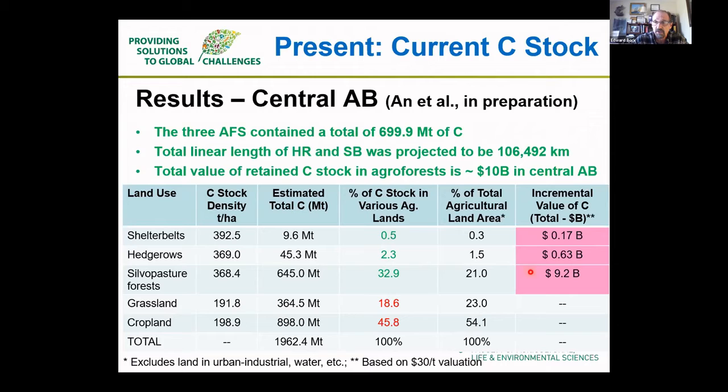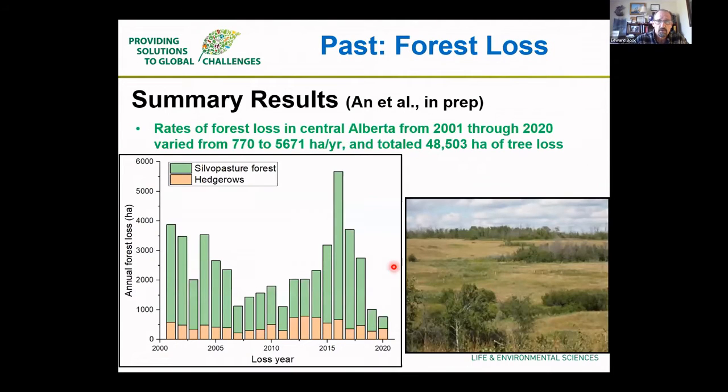That's 10 billion with a B. The lion's share of which, of course, is located within the silvopastures, because that is by far and away the larger land use, at least among the three agroforestry systems that we actually looked at. So there's a lot of carbon that's tied up out there within those agroforestry systems.